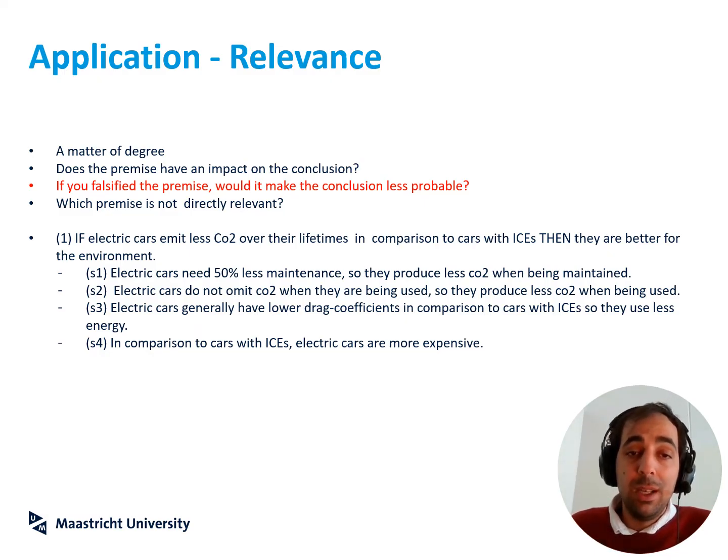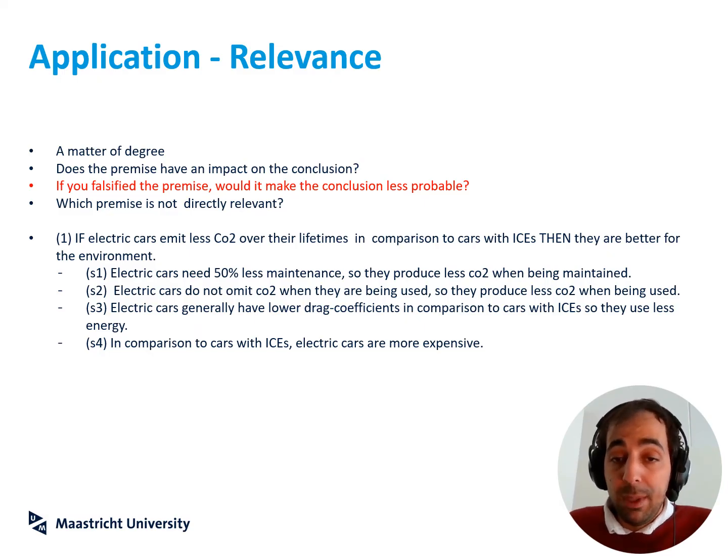So suppose that you were of the opinion that electric cars emit less CO2 over their lifetimes. Then we can present a couple of premises. Feel free to go over them by yourself. And then the question would be, okay, so which of these premises would you consider to be irrelevant or less relevant?